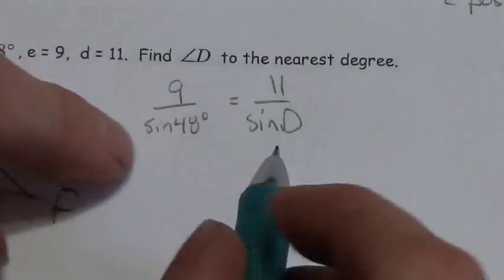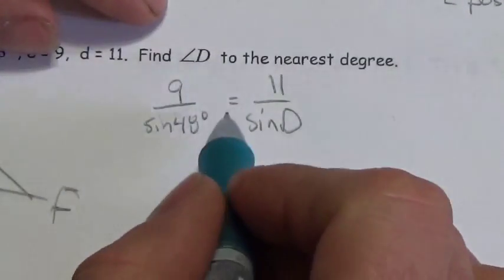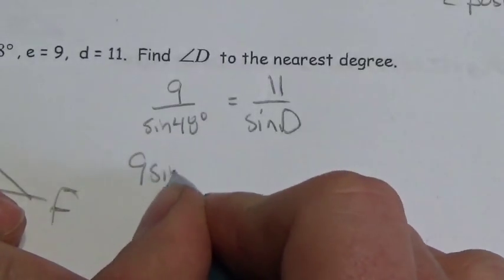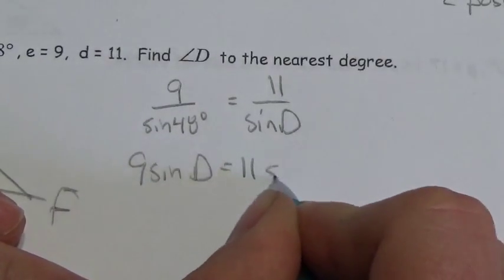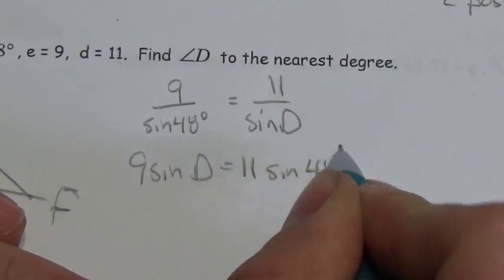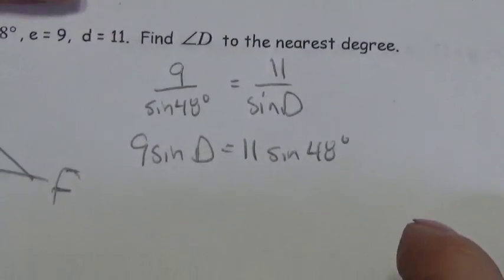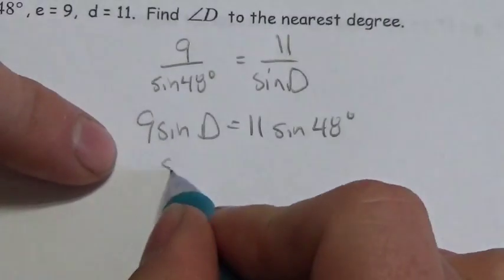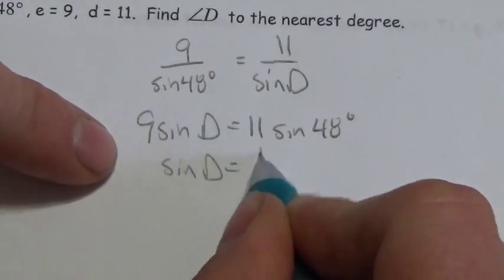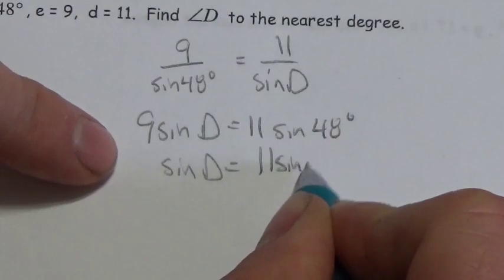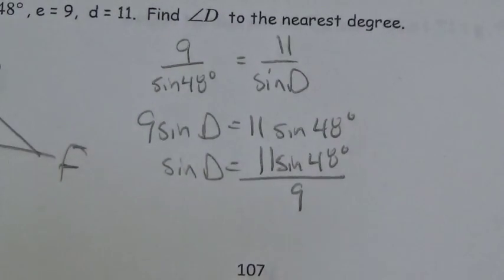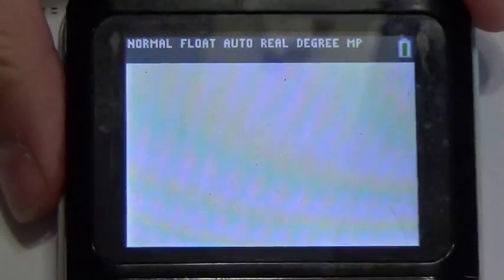Okay. Now I've got a fraction equal to a fraction, so I've got this proportion here, so I can do this little cross multiplication. And it's almost always the case when you cross multiply, then you divide. I'm looking for sine d, so I'm going to divide by 9, so this will be 11 sine of 48 degrees divided by 9. Okay, go to my calculator.